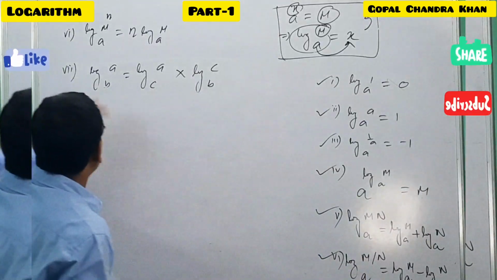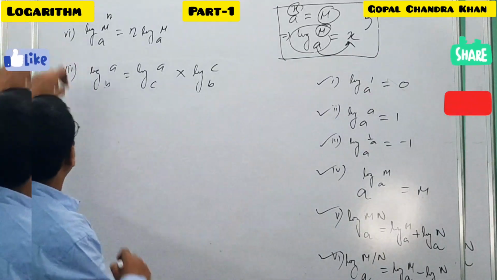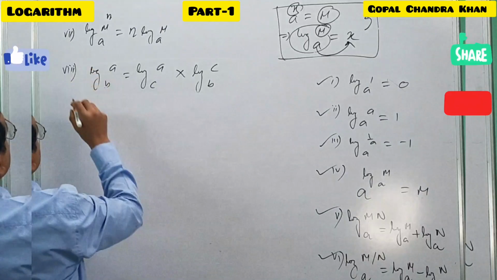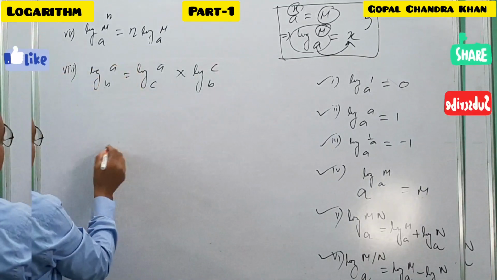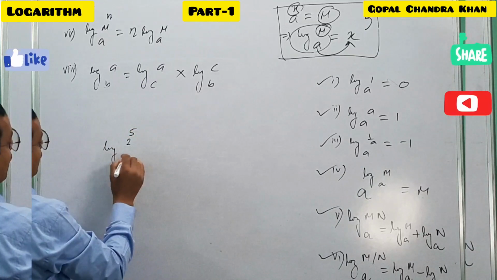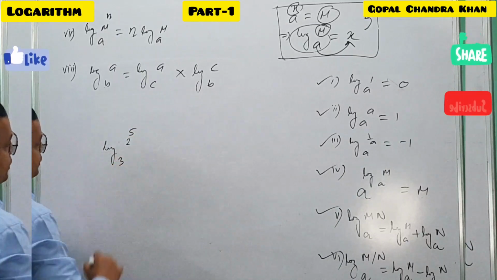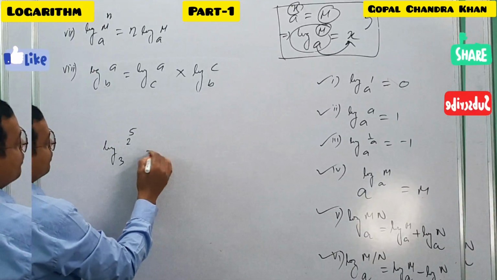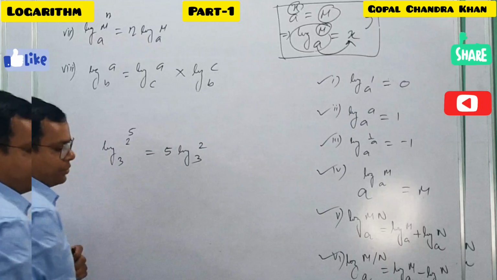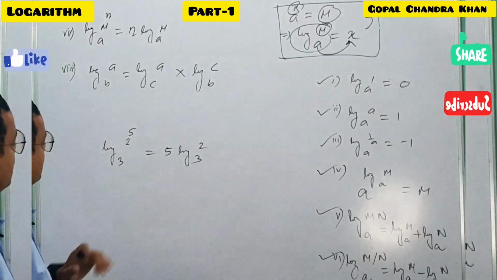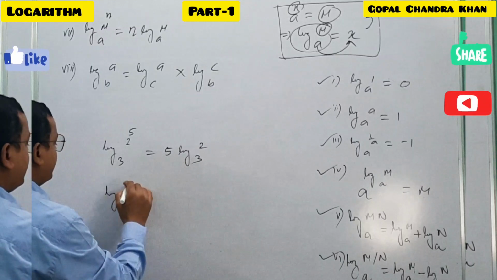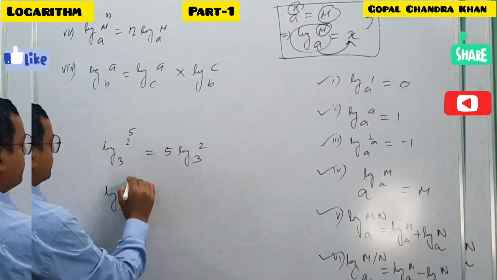Now we are coming to what is supposed to be 7, it's supposed to be 8, it's okay, no problem. So here we are getting 7. Suppose you have logarithm 2 to the power 5 base 3. You can do the calculation: 5 will come to the left side, 5 log 2 base 3. Or any other calculation, like logarithm base 5 where you get 5 to the power 3.